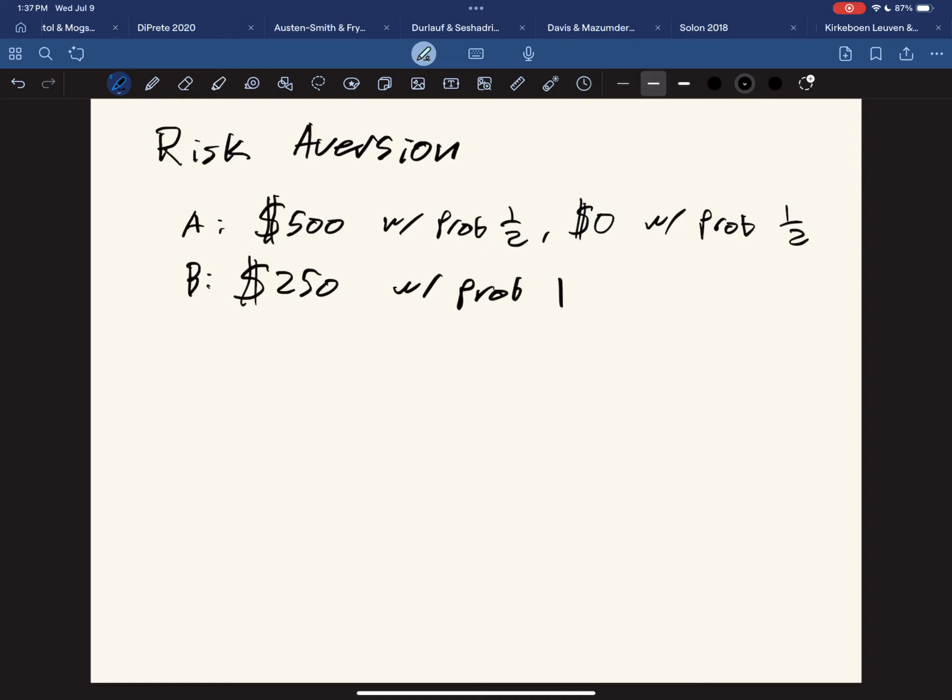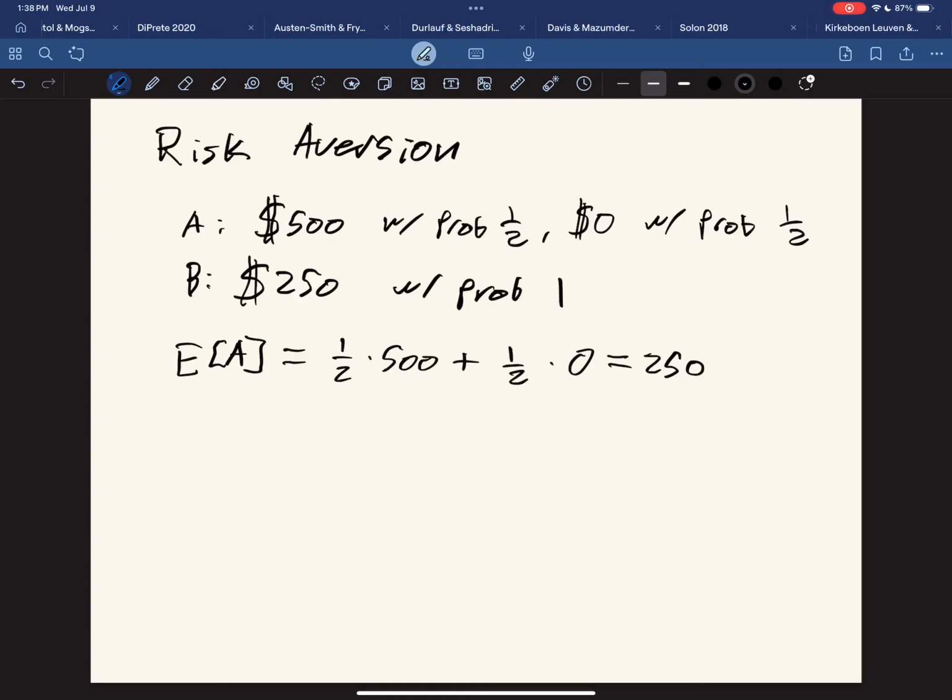Because you'll notice the expected value of A is going to be 1/2 times 500 plus 1/2 times 0, that's 250.